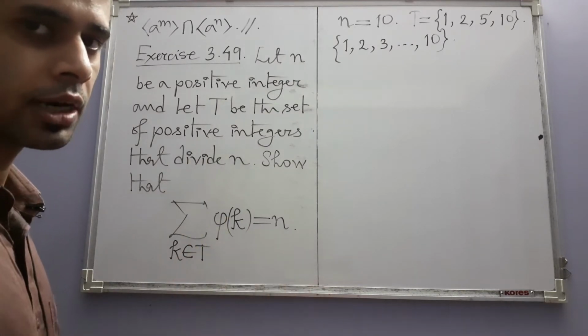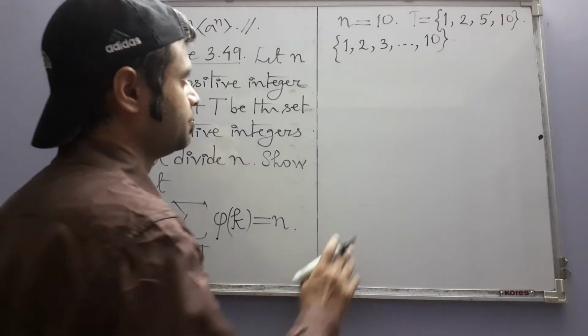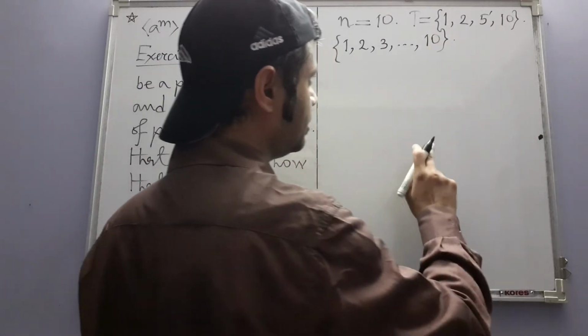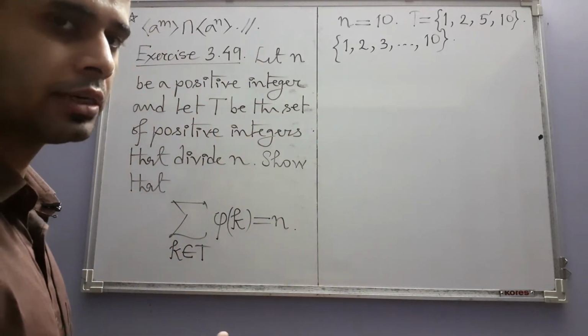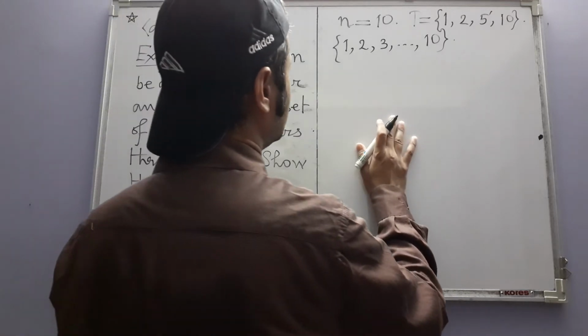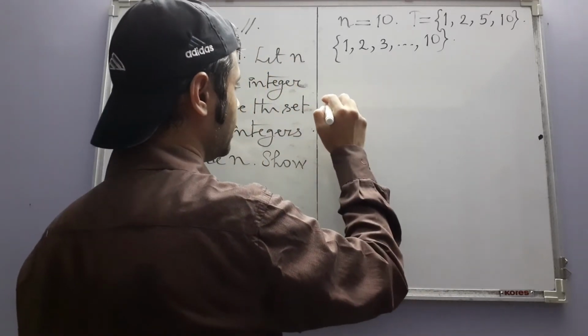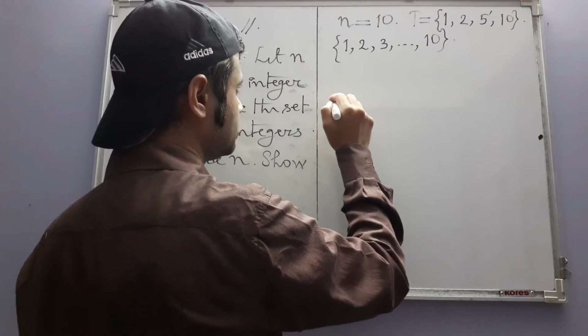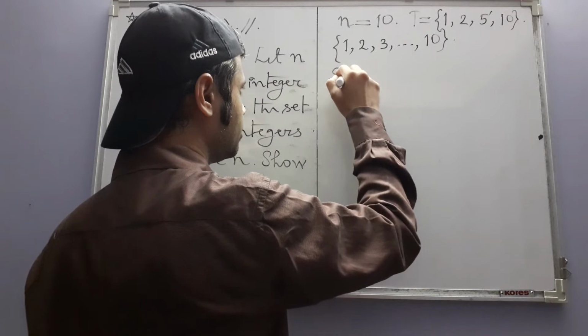You just factorize 10, you write its prime factorization, and from that you can figure out. And because it's a square free integer, it's not divisible by the square of any prime, it's rather easy to find the factors.